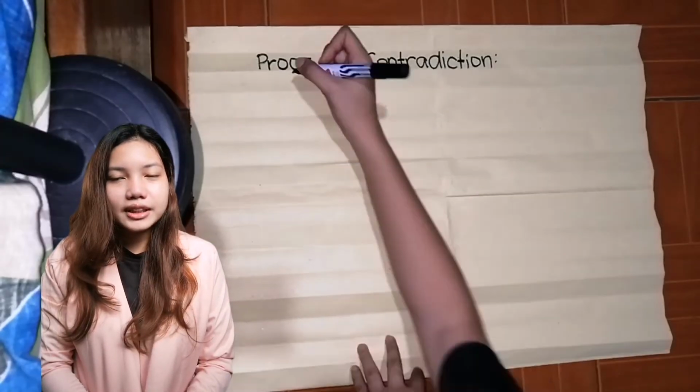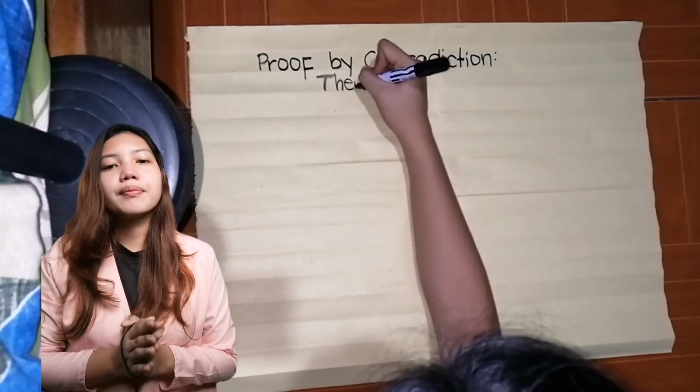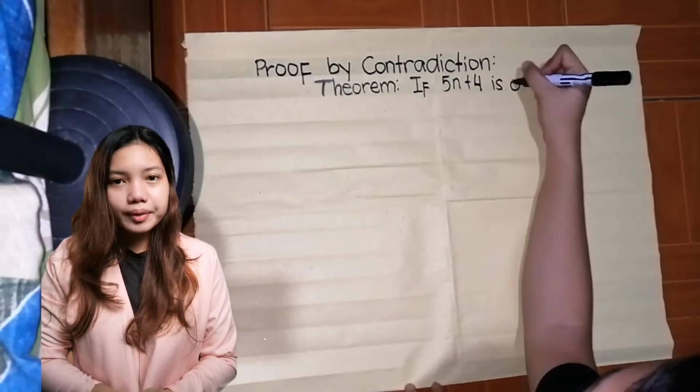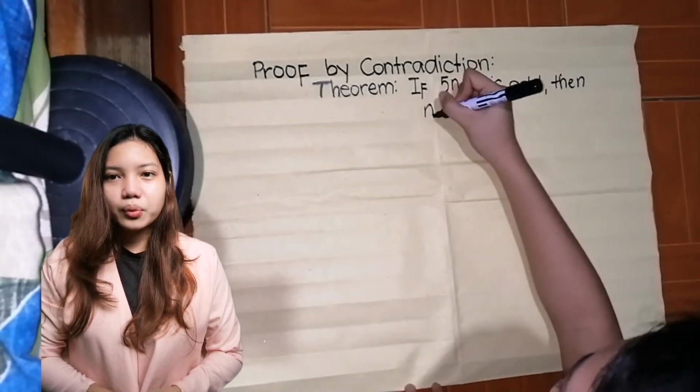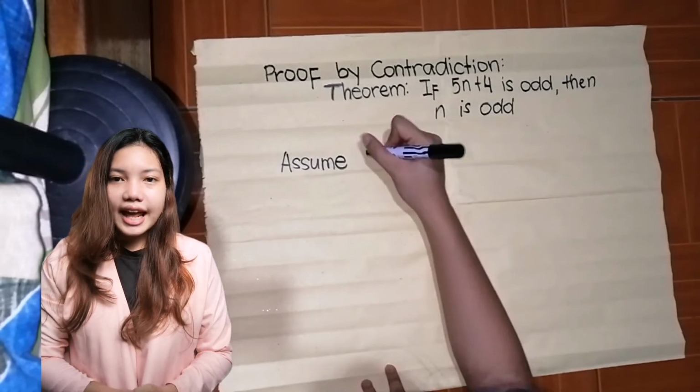Now, let's proceed to the next indirect proof, which is the proof by contradiction. And we will be having the same theorem, which is if 5n plus 4 is odd, then n is odd.